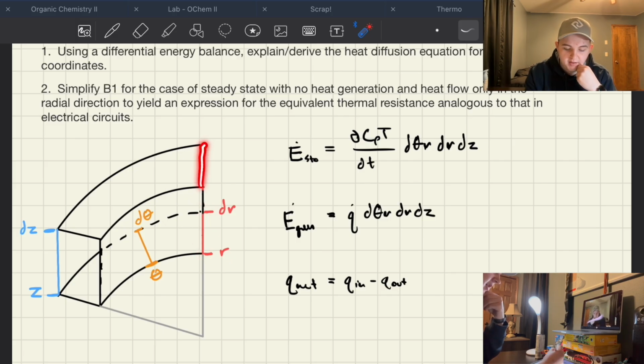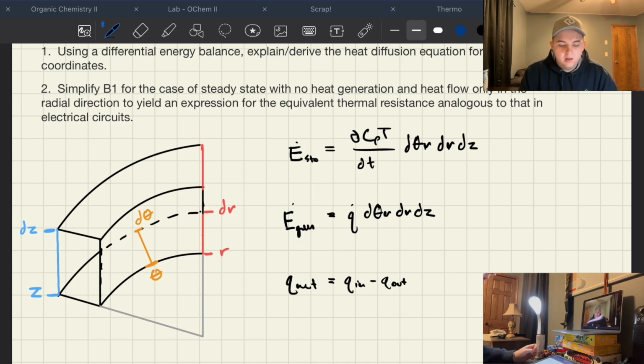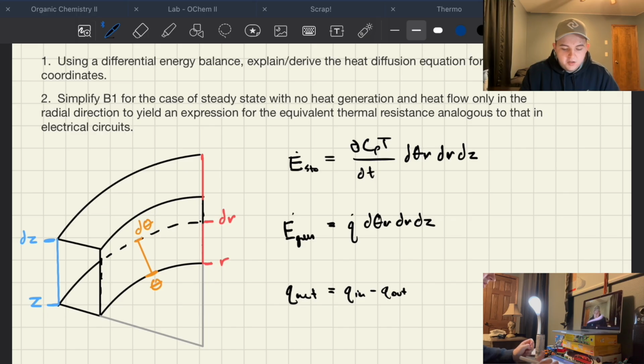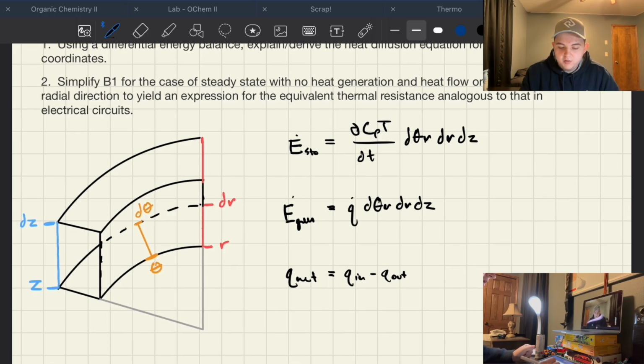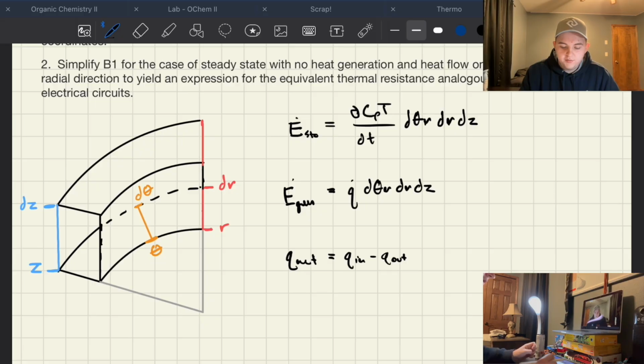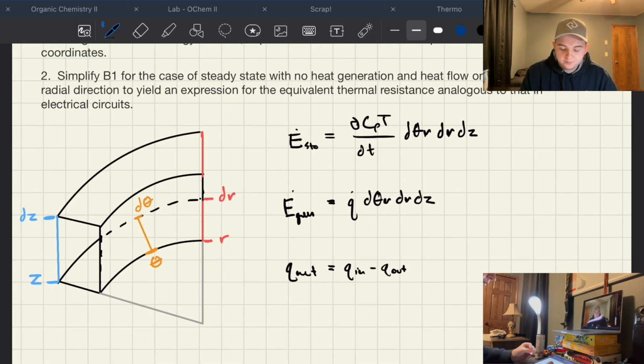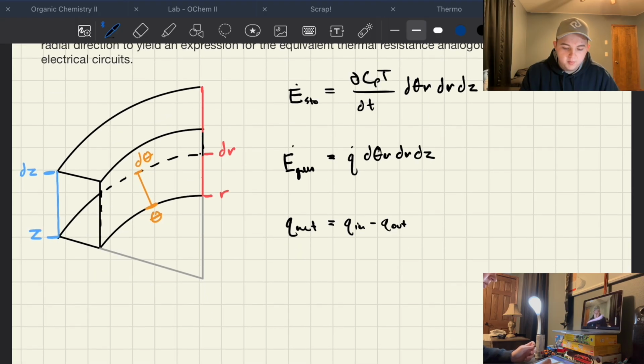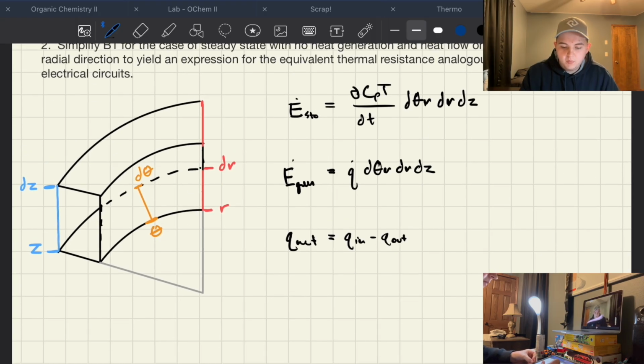I just wrote it up here because I think it's a little easier to demonstrate where exactly that is. And then some equations I have are our energy stored, our energy generation, and our net heat, just to get us started and simplify some of the things I'm going to talk about.